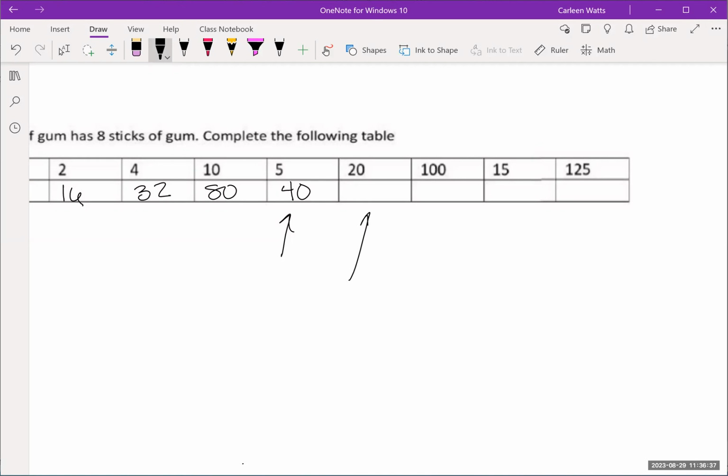How about 20? How'd you get 160? Well, 16 times 10. Or could you just double what you got for 10?